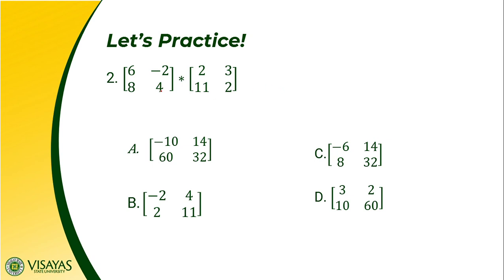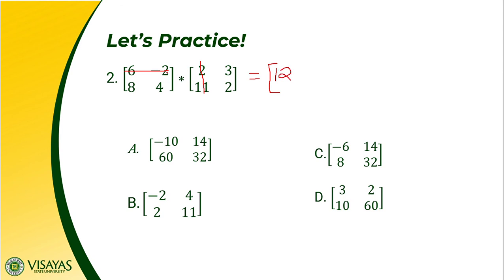So again, in getting the product, for the first element, we have 6 multiplied by 2. This is our first row and first column. So first row, first column, that will be on the first row, first column of the resulting product. So 6 times 2, that is 12.